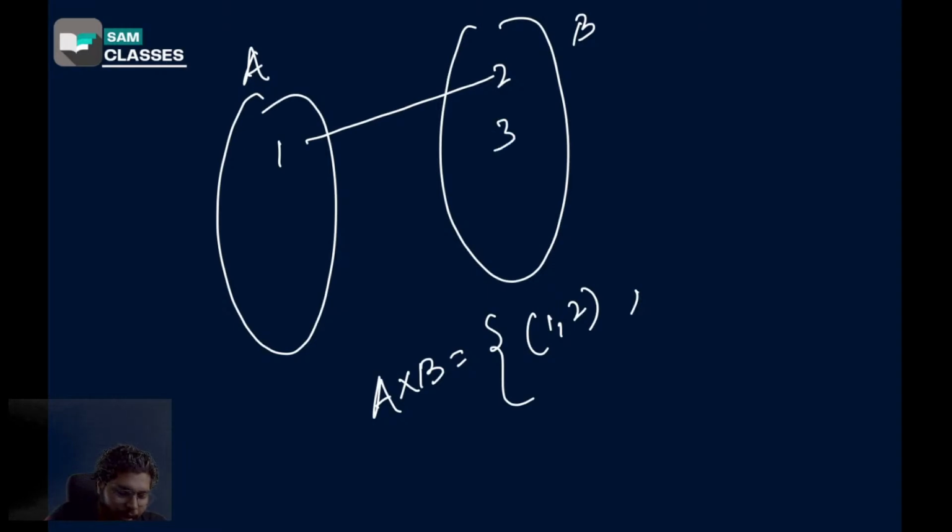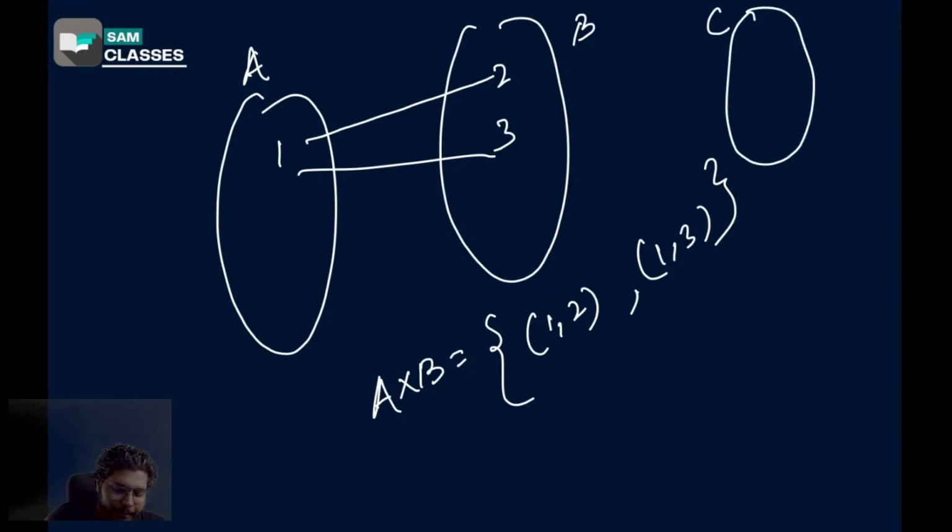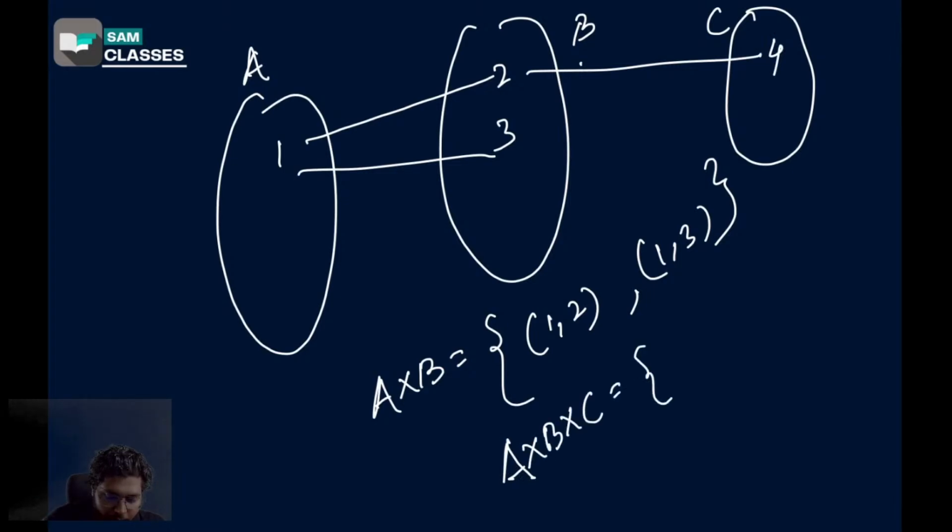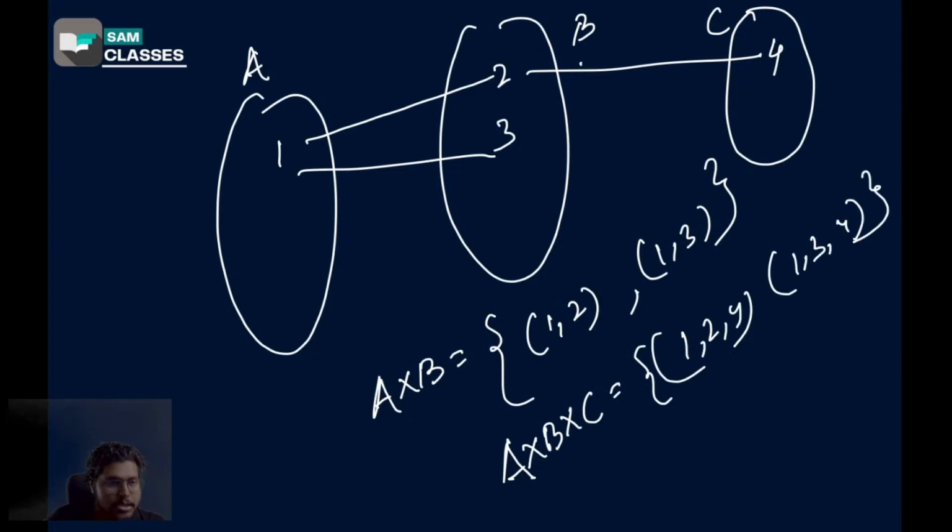And let's say 3, so it has (1, 3) also, correct? Everybody agrees this much. Now when this whole A cross B is matched with C, let's say 4, can I say A cross B cross C is equal to (1, 2, 4) and (1, 3, 4)? Yes, no?